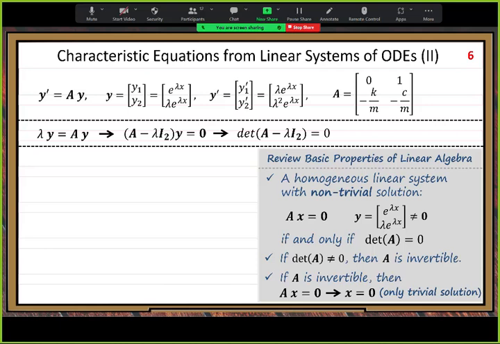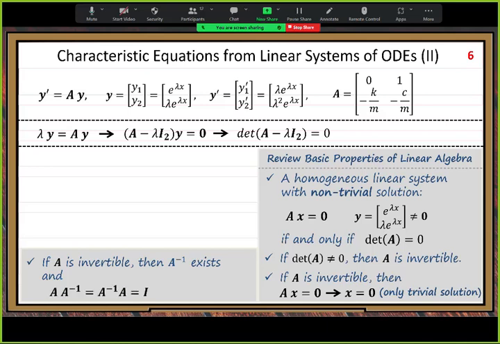Here, I give you some basic properties of the matrix inverse. If A is invertible, then A inverse is well defined, so we can find the inverse matrix of A, A to the power of -1. Its property: A times its inverse equals its inverse times A equals the identity matrix.